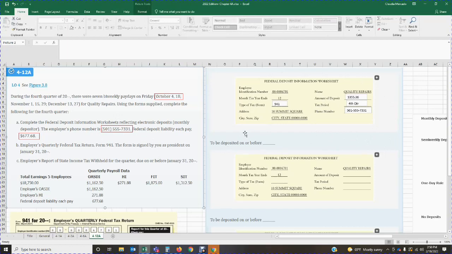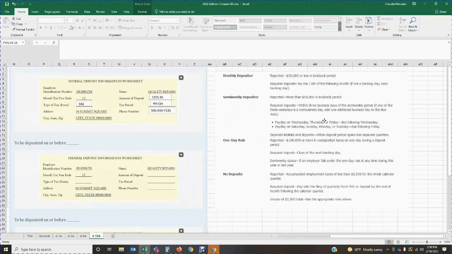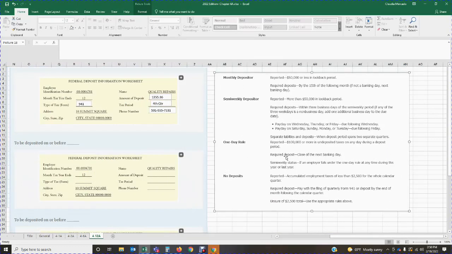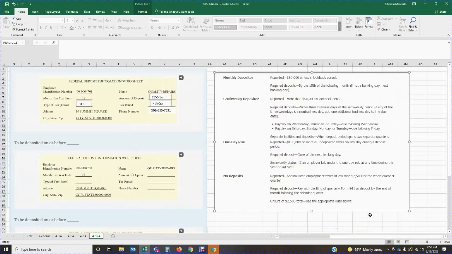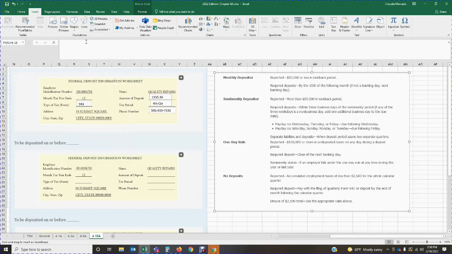Now, we have to put here, this is going to be deposited on or before what date? Okay? If we look at the depositor information, the problem stated that this is a monthly depositor. So if we look at our tables, depending on what kind of depositor we are, if we are a monthly depositor reporting $50,000 or less, we are required to make our deposits by the 15th of the following month.